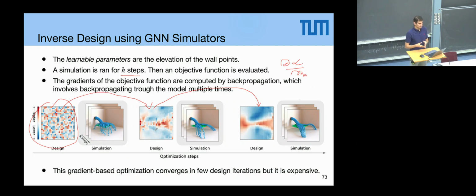Whereas here the gradients are quite exact. So that's an advantage. The optimization is going to be faster. We need a small number of optimization steps, but each of these steps is quite expensive because we need to backpropagate through several evaluations of the model.